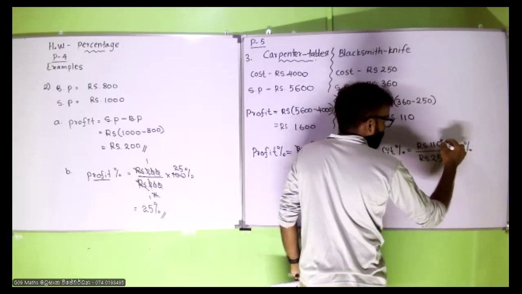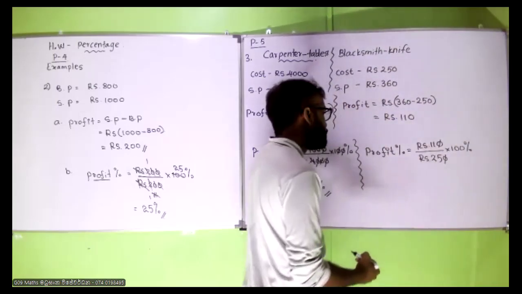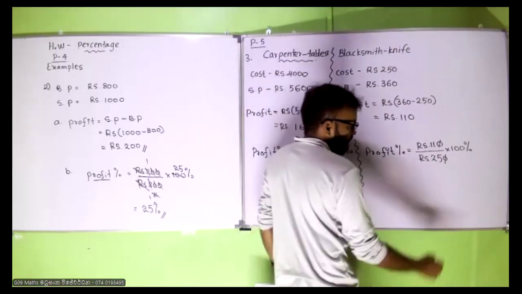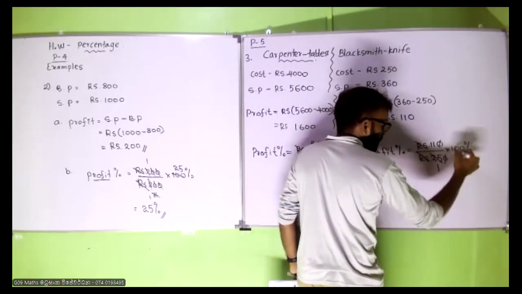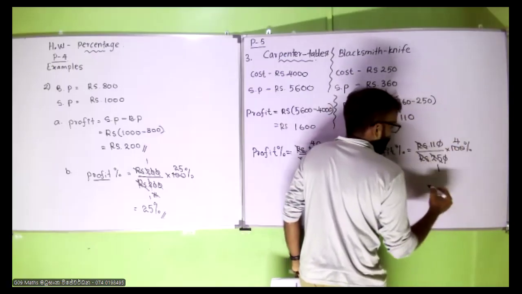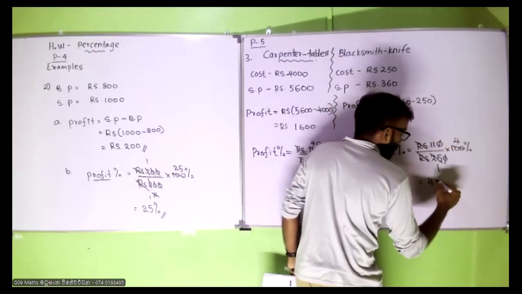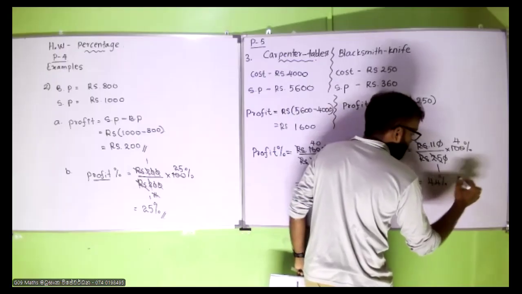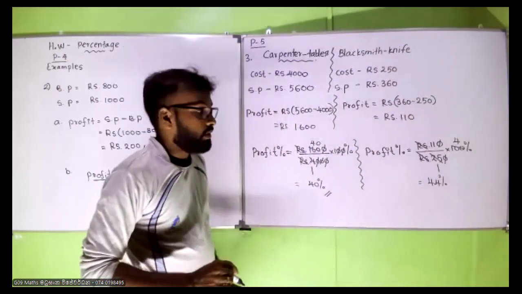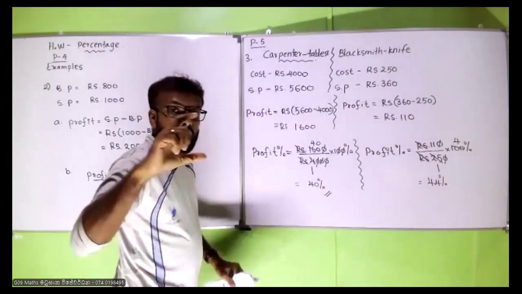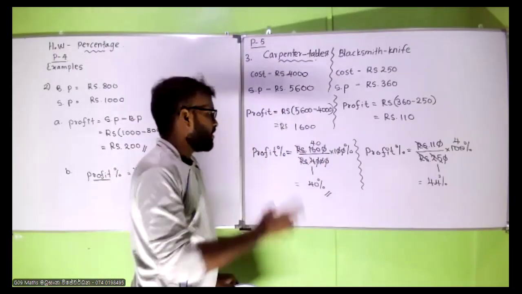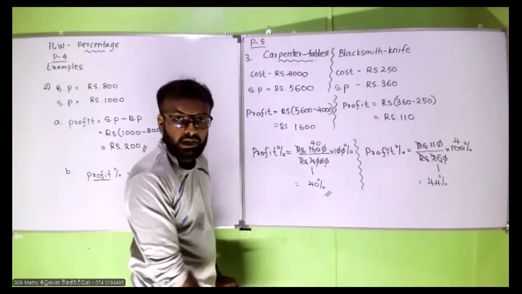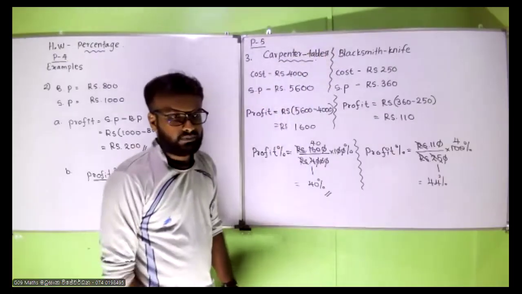If you simplify this, 25 times 1, 25 times 4. The profit percentage for the blacksmith is 44%. Now tell me, who has the highest profit percentage, the carpenter or the blacksmith?